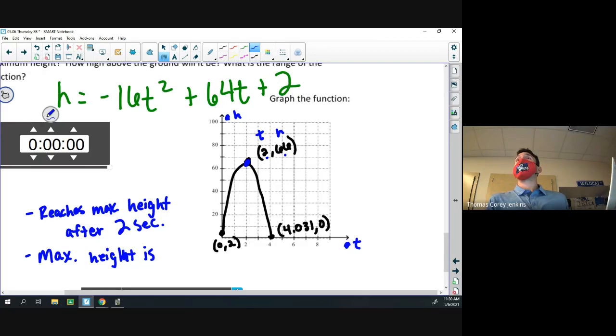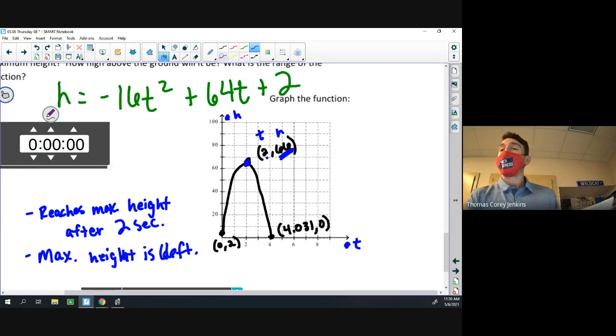How many feet high does it go in the air? What was it? 60 what? No, not 64. I think you're looking at the right thing, but maybe just seeing it wrong. Kevin? 66 feet. All right, goes up to 66. That's all right. Yeah, you copied it down wrong. I figured that's probably what happened.